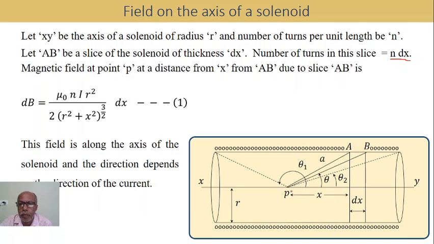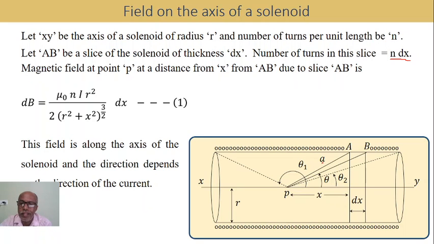Observe here, point P makes an angle theta with B, makes an angle theta 1 with the left end of the solenoid, and makes an angle theta 2 with the right end of the solenoid.